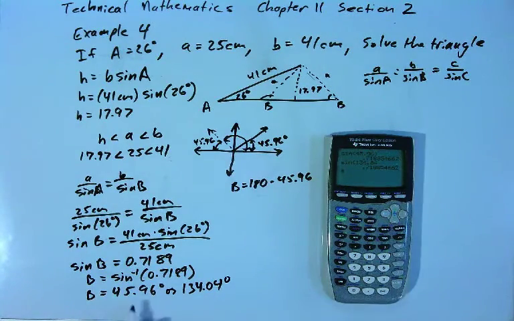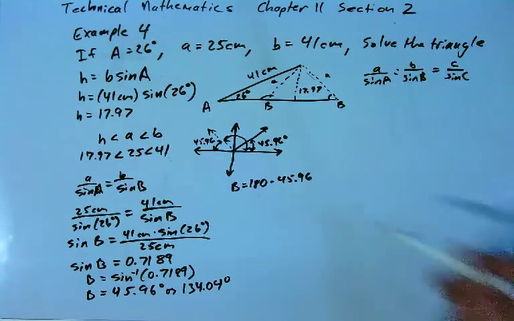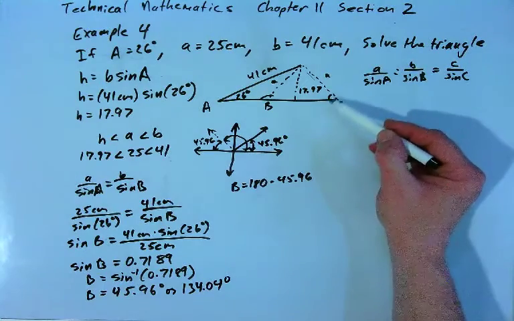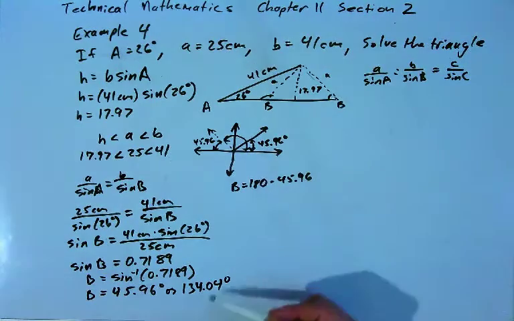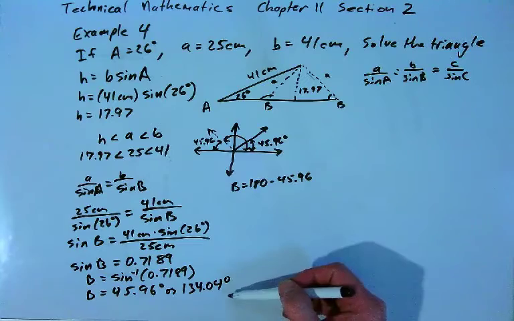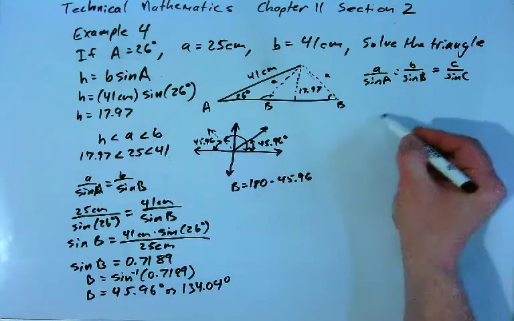And so when I took the inverse sine, I only got this 45.96 answer. But there are actually two different angles that when I take the sine of that angle give me 0.7189. And so I had to determine the second possible answer. So angle B is either this acute angle, 45.96 degrees, or it's this obtuse angle, 134.04 degrees. So there are two different possible solutions here.